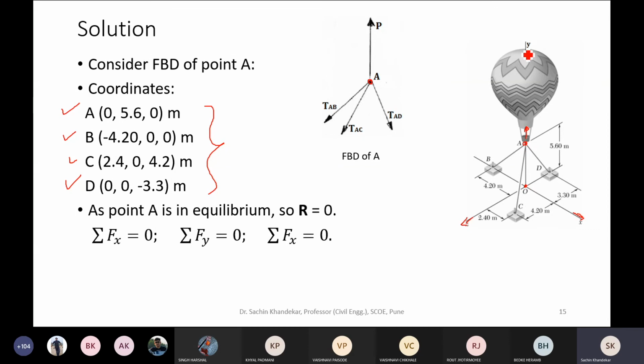That means point A is on y-axis, and hence it will have x coordinate and z coordinate as 0. Okay, then what about y coordinate? So this is the y coordinate. So how much is y coordinate? It is given here, which is 5.6 meter. Of course, plus 5.6 meter.